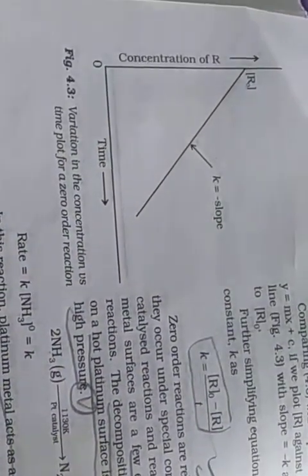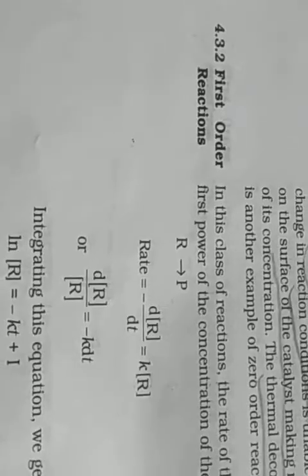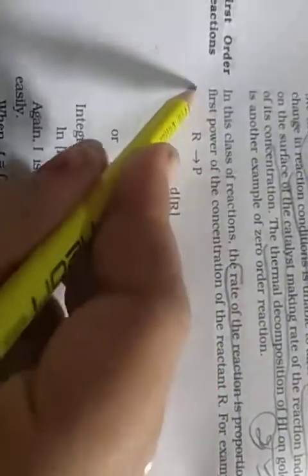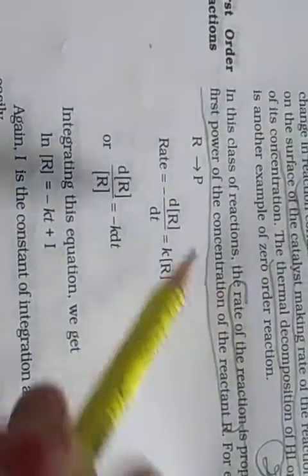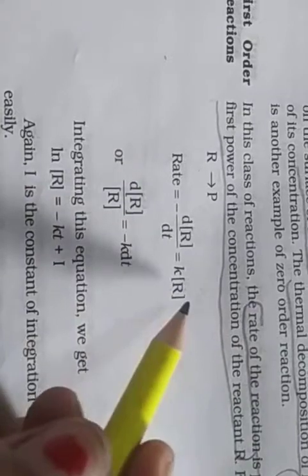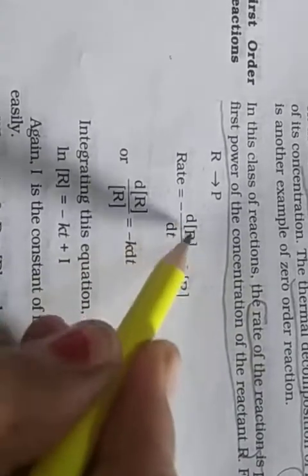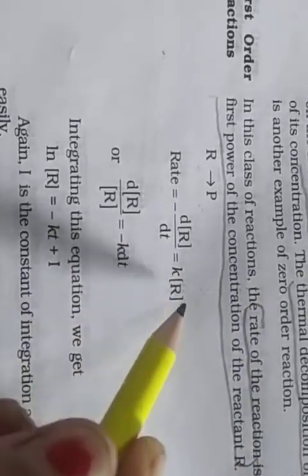Okay, then in a similar way, the first order reaction. In a first order reaction, the rate of the reaction is proportional to the first power of the concentration of the reactant. Here R, the reactant, converts into the product. So the rate of the reaction, minus dR upon dt, is equal to k R to the power 1.